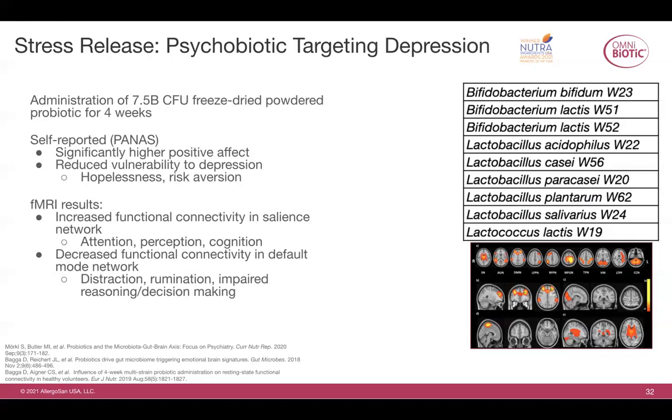The fMRI of these particular individuals showed an increase in the functional connectivity in the salience network. This is the network that is responsible for attention, perception, and cognition, and a decreased functional connectivity in the default mode network. And this is the network that's responsible for distraction, rumination, and impaired reasoning and decision making.